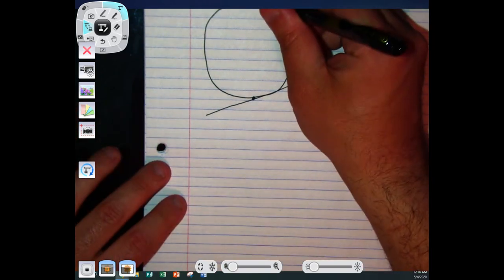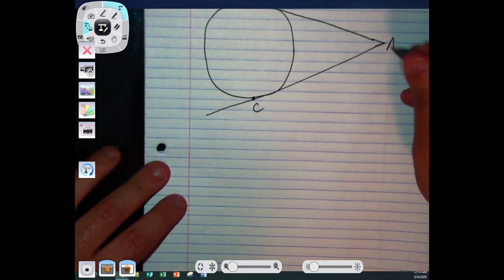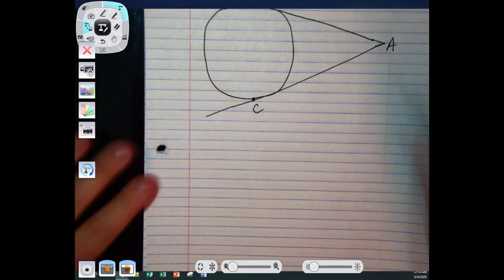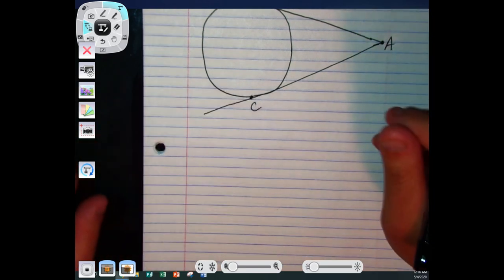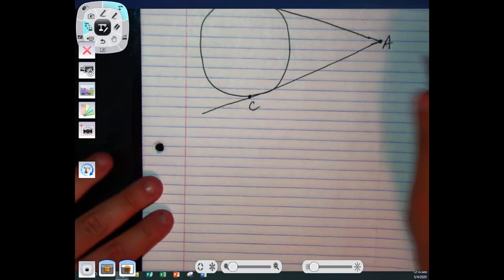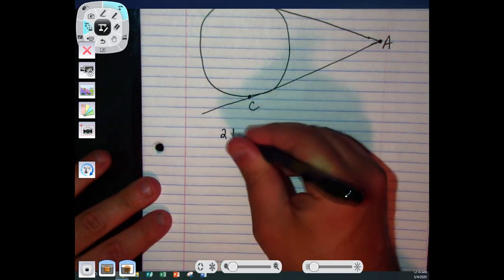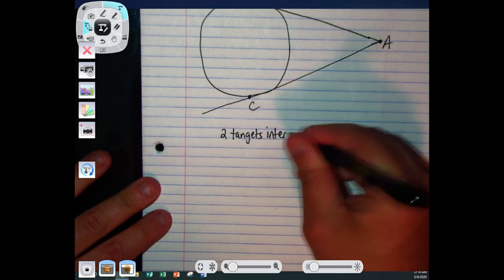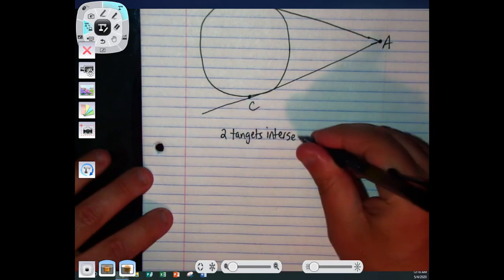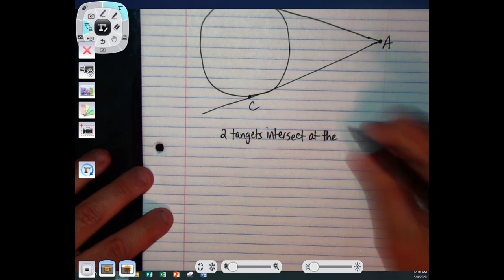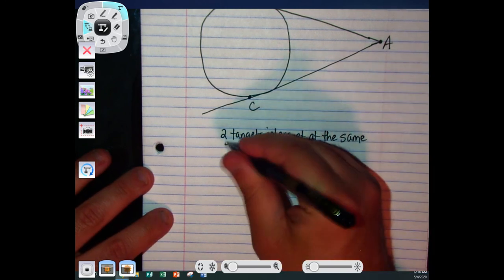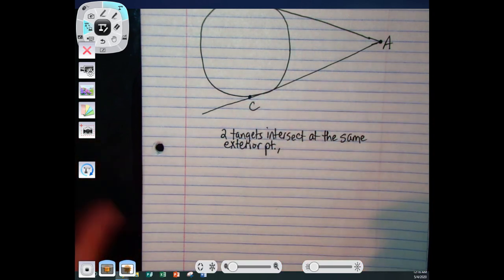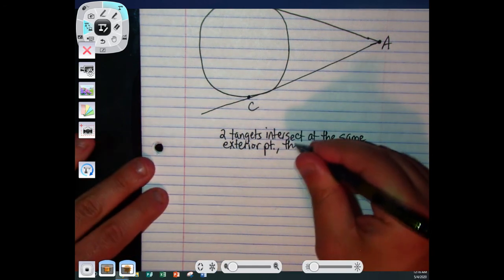We'll call this point B, we'll call this point C, and we'll call this point A. So the idea here basically is that if two tangents intersect at the same exterior point, then the segments are congruent.